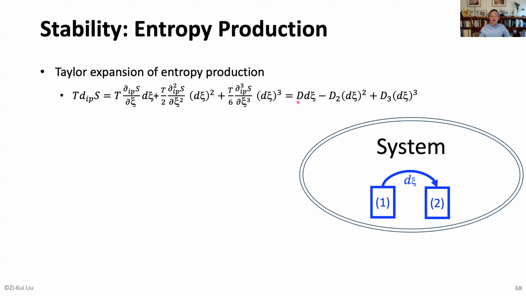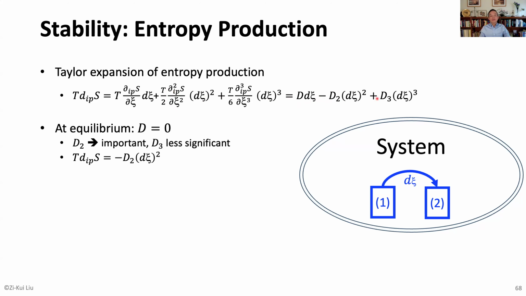So we had this before. The first derivative gives the d dxi. For the second derivative, we put a minus sign in front of it. So minus d2 equal to T over 2 times the second derivative. Then we have the third derivative, d3 here. At equilibrium, d equal to 0, or d dxi equal to 0, more precisely.